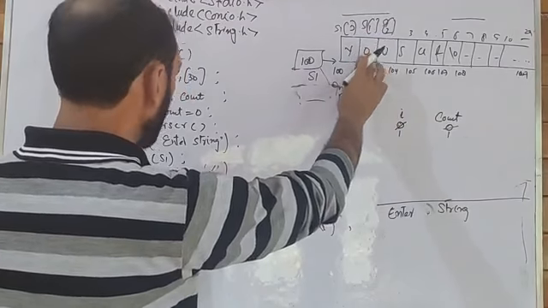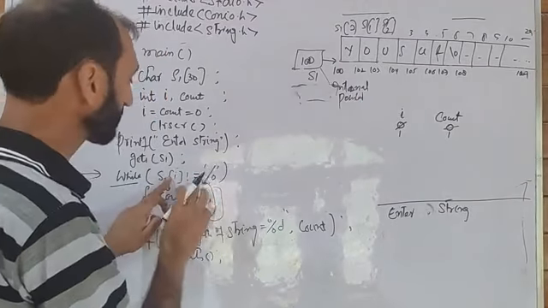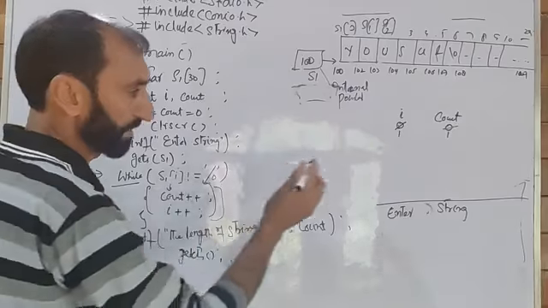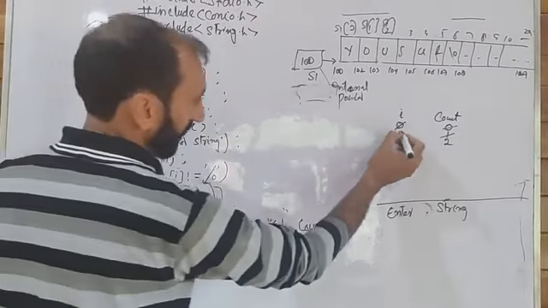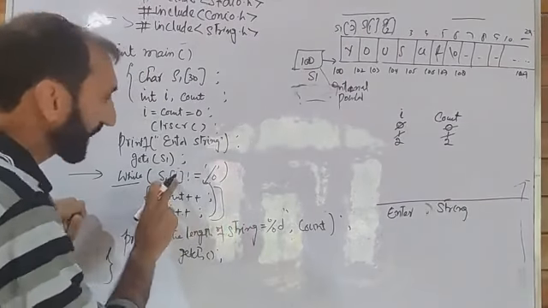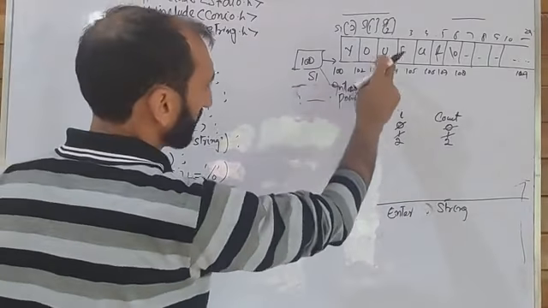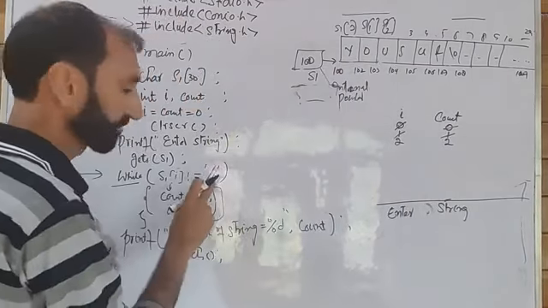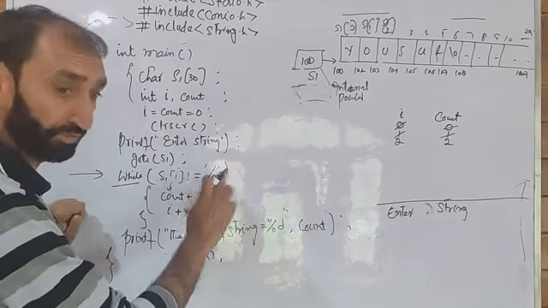Is it a null character? No, so this condition is certainly true. Since it is true, the body executes: count was 1, it becomes 2, and I was 1, it becomes 2. Now s1 of I, that means s1 of 2, this location. Is it a null character? No, so this condition is true.